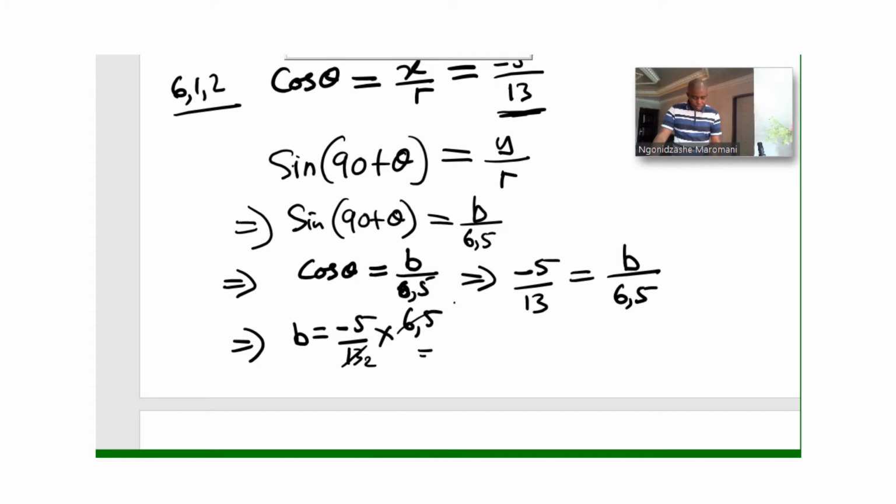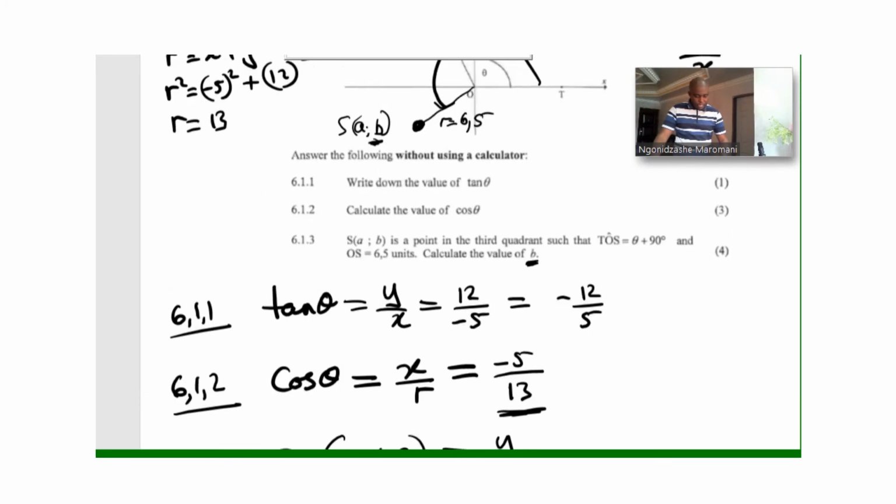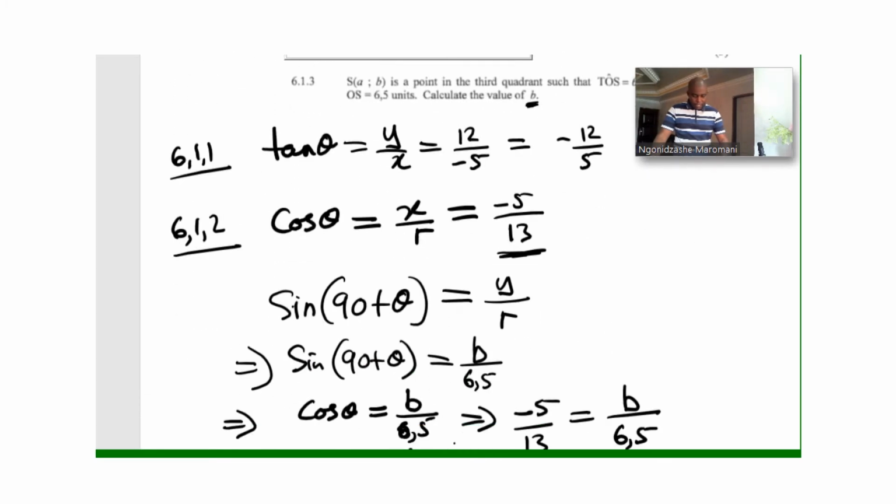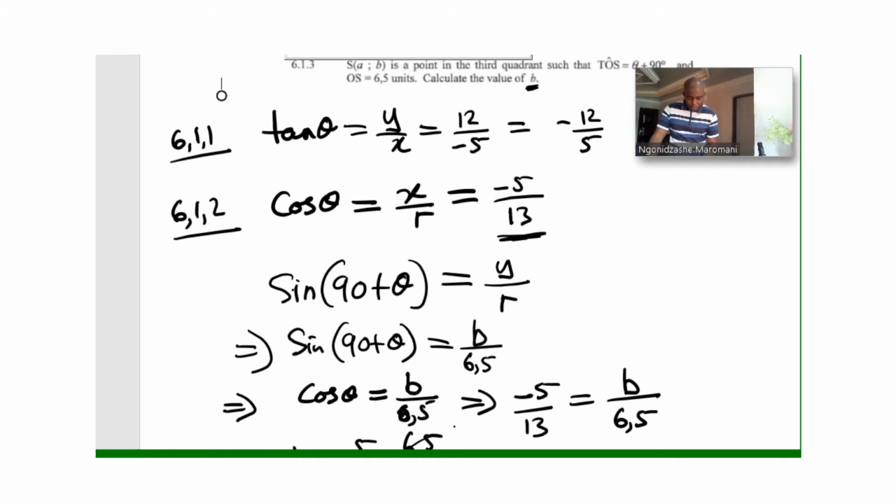So in this case my B will be equals to minus 5 over 2. Good, so that's it. This is very important, and this question was carrying 4 marks, and it's question 6.1.3.